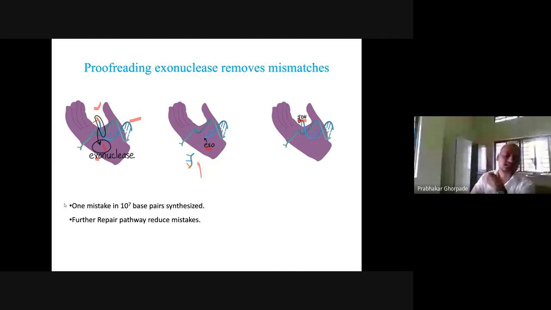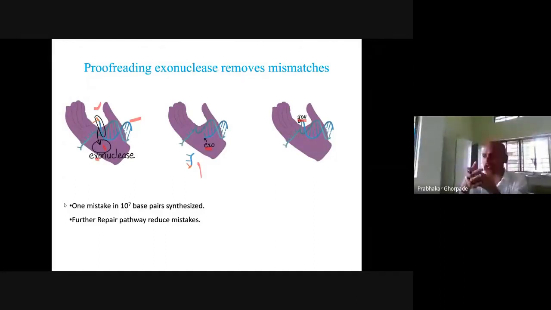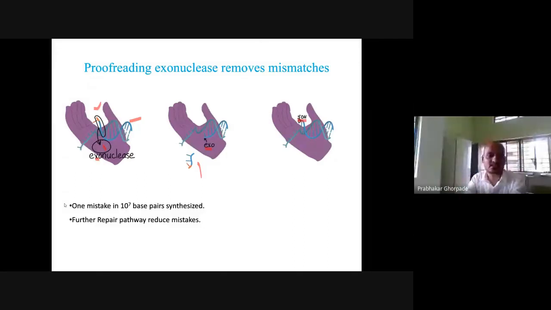Okay. Generally, the DNA proofreading exonuclease removes the mismatch. So this is a mechanism. One mistake in 10⁻⁷ base pairs can be found when you are utilizing this proofreading activity. Generally we want fewer mistakes than this, for example, 1 in 10⁻¹⁰ base pairs.